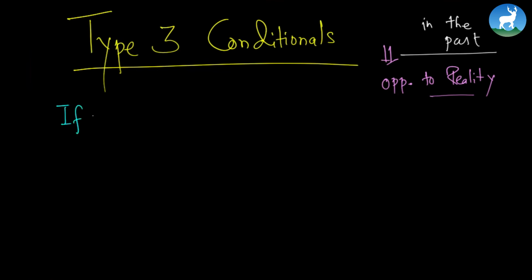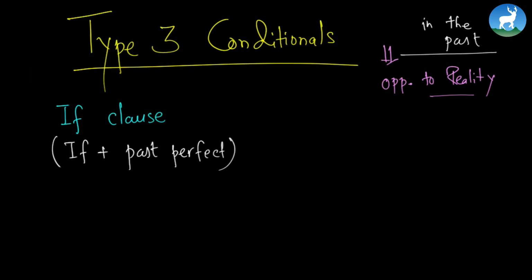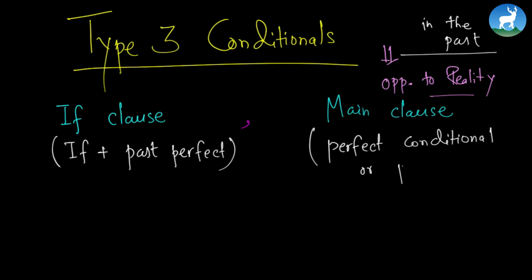In the if clause, we have if plus past perfect. And then we need a comma followed by the main clause. And in the main clause, we need perfect conditional or perfect continuous conditional.